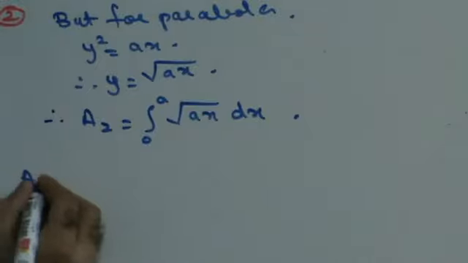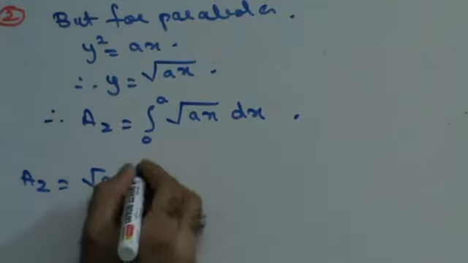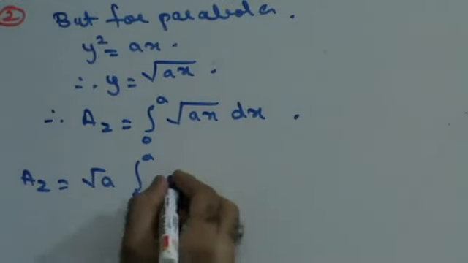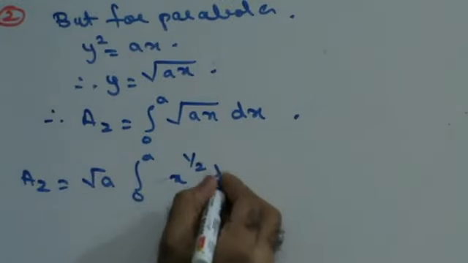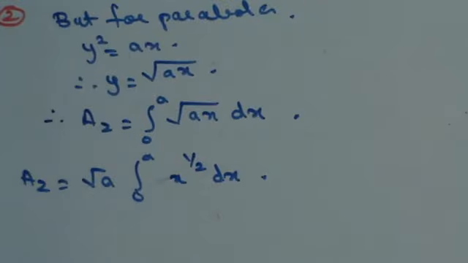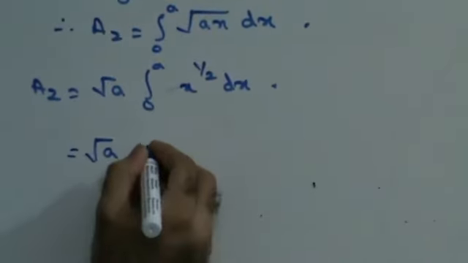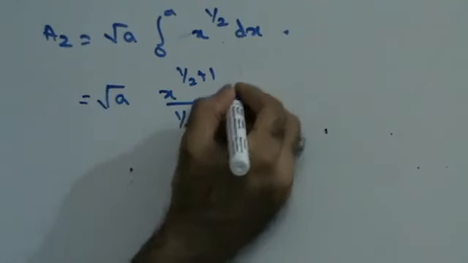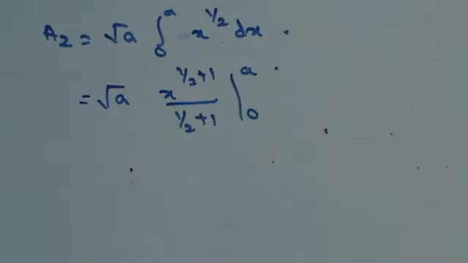In which case I can say A2 is root a, which is constant, comes out, integral of 0 to a of x raised to 1 by 2 dx. Root x can be written as x raised to 1 by 2, right? So this is nothing but root a times x raised to (1 by 2 plus 1) upon (1 by 2 plus 1) when the limits are between 0 to a.